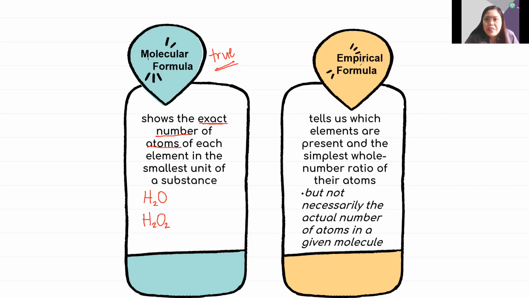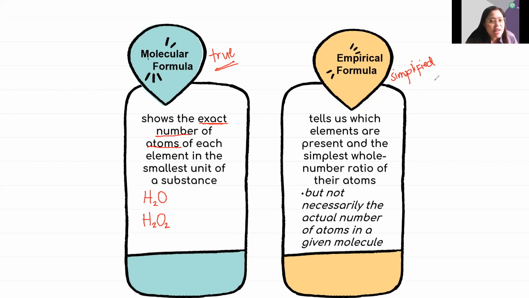Now, how about the empirical formula? The empirical formula is the simplified formula. Diba sa inyuhang mathematics, especially sa fraction, usahay gina-ask mo to reduce the fraction to lowest term or to simplify the fraction to lowest term.